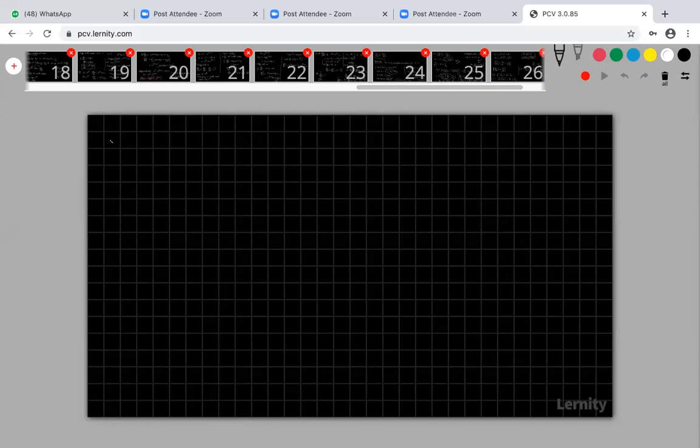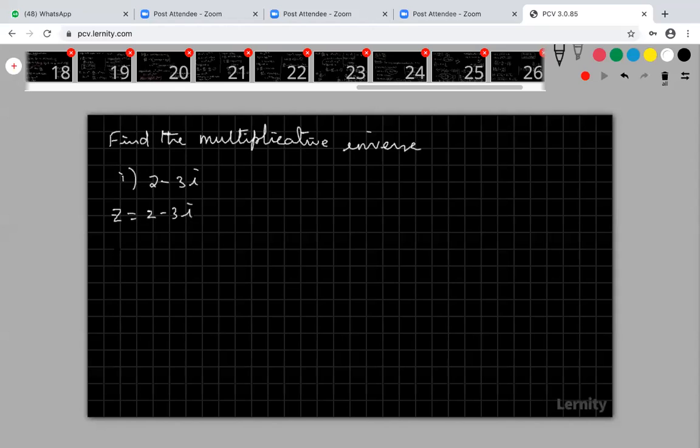Okay, so how to find out the multiplicative inverse? Find the multiplicative inverse of the first one. Suppose Z is equal to 2 minus 3i. How to find out the multiplicative inverse? What is the formula for multiplicative inverse?